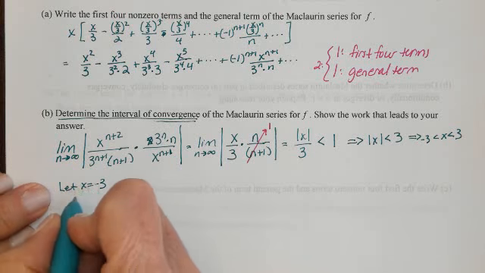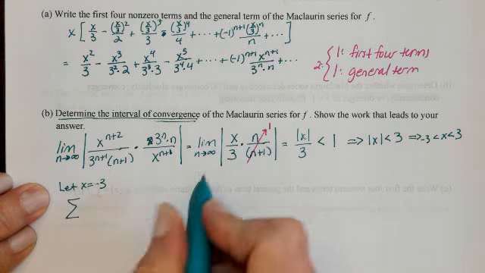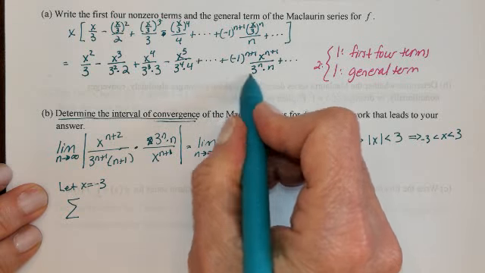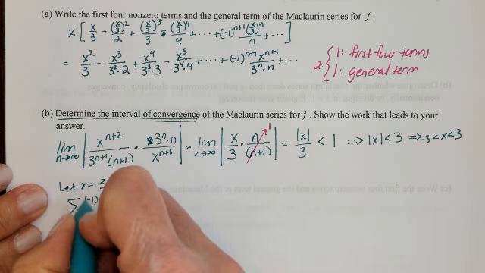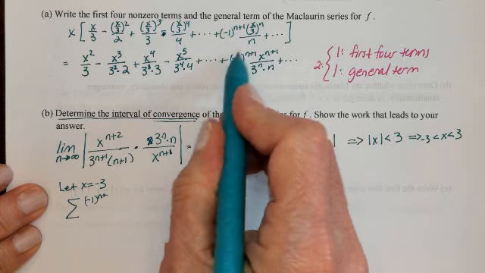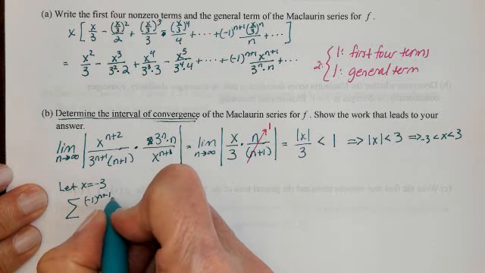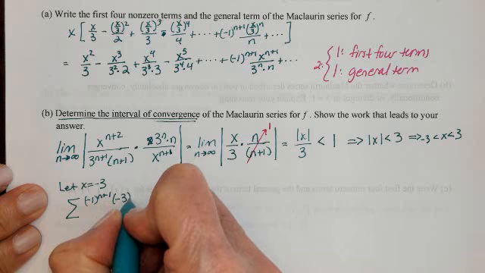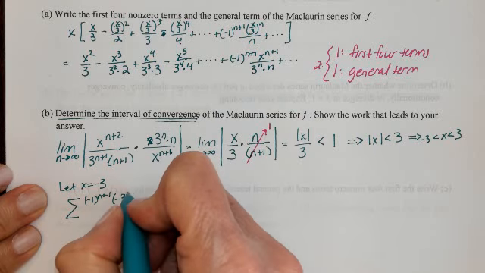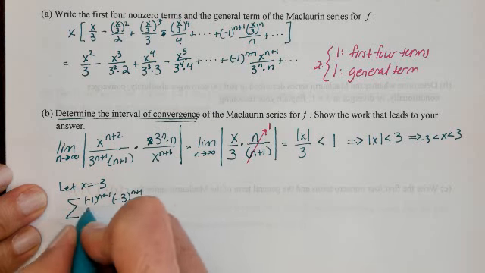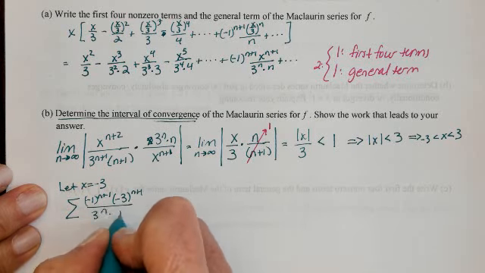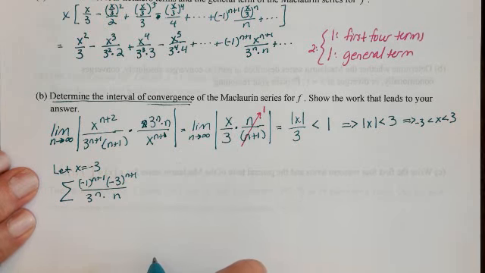If x is -3, then our series becomes the series of -1 to the n plus 1. I'm looking up here at this. So -1 to the n plus 1. Then we're multiplying by -3 because x is -3 to the n plus 1 divided by 3 to the n times n, right?